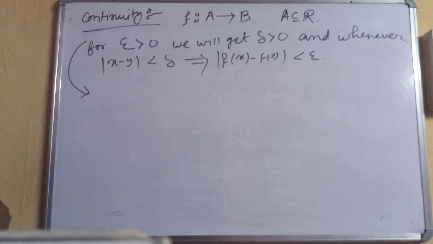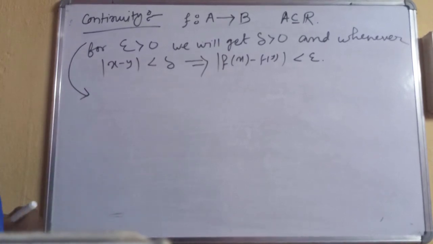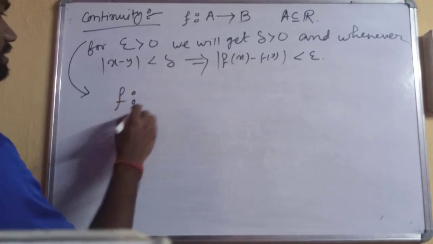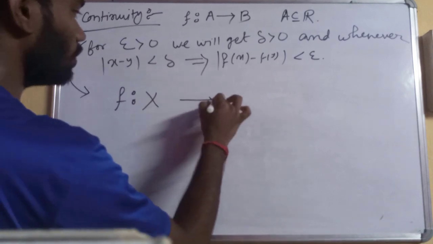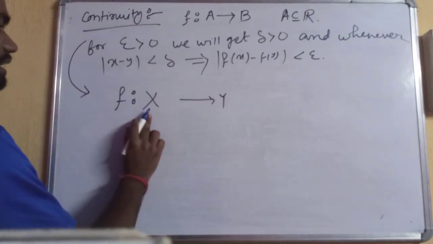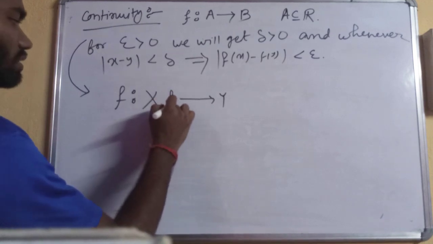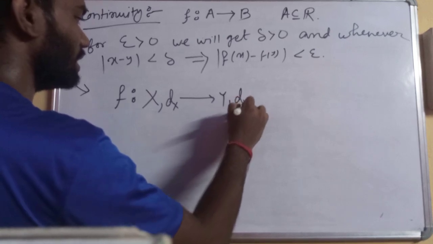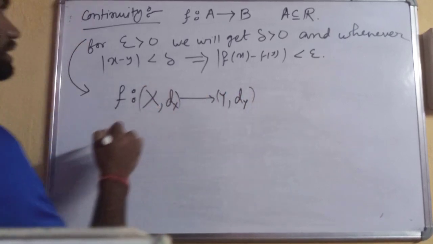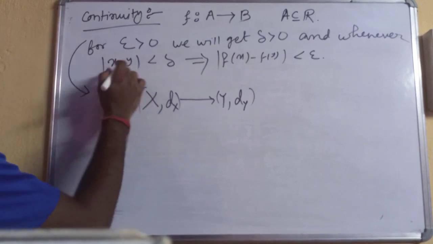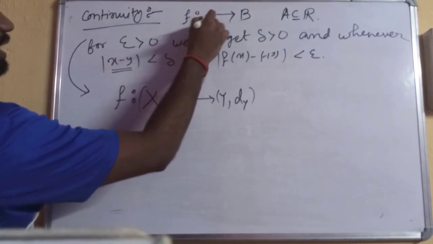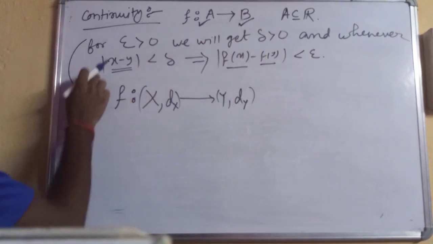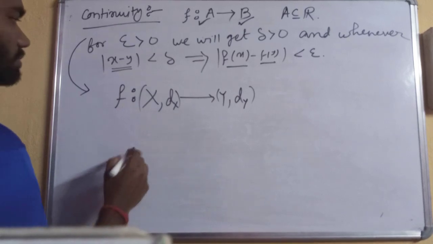Now extending this definition to metric space, what do we get? F is a function from X to Y, where X is any non-empty set and its metric we denote by d_X, and the metric of Y is denoted by d_Y. Here x and y come from A, and f of x and f of y come from B. So we extend this.